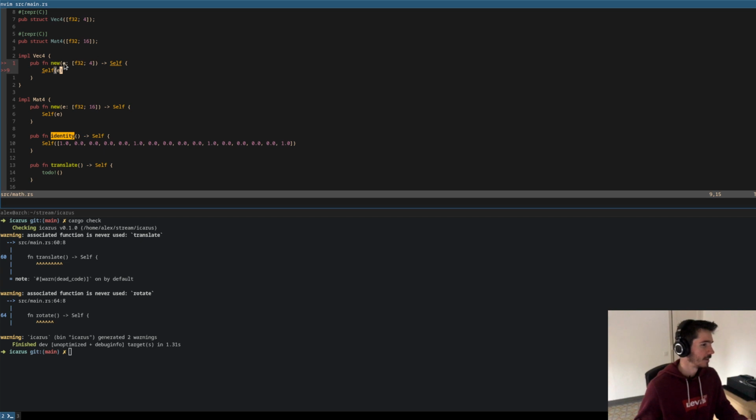We could arguably pass in just 4 floats instead of an array, but just for consistency, to have the same as for the matrix, I think this should be fine.